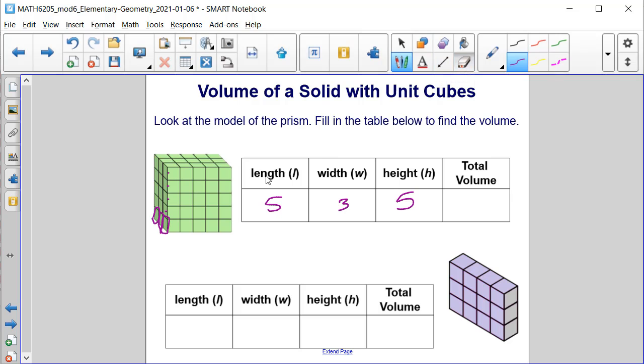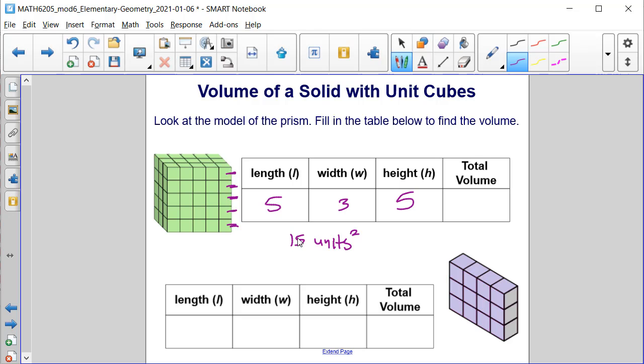So if we were to examine this and try to picture what we're doing in order to find the total volume, we would have a 3 by 5 rectangle on the bottom, and a 3 by 5 rectangle has an area of 15 square units in one layer, and then a second layer of 15, a third layer of 15, a fourth layer of 15, and a fifth layer of 15.